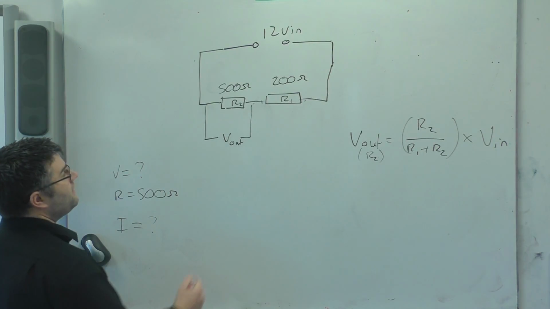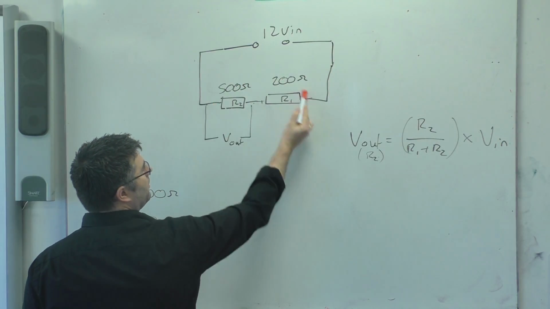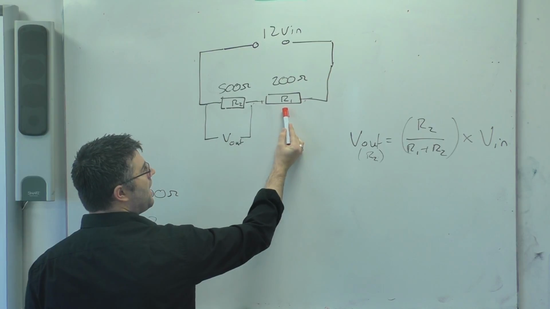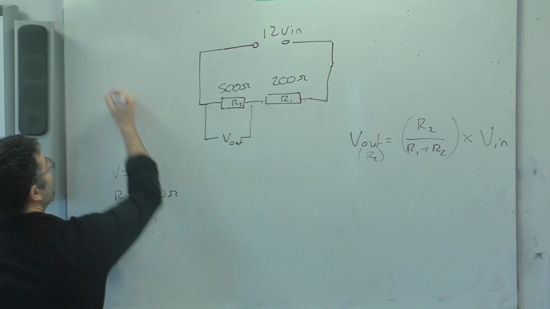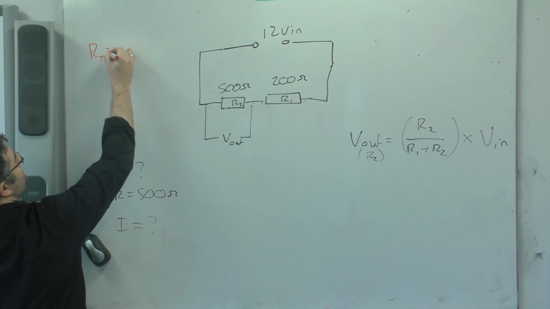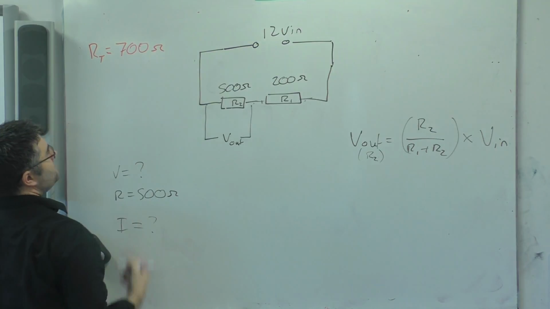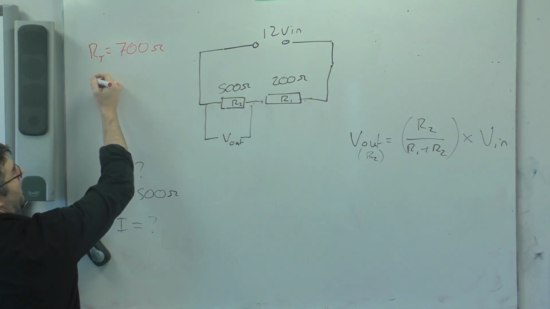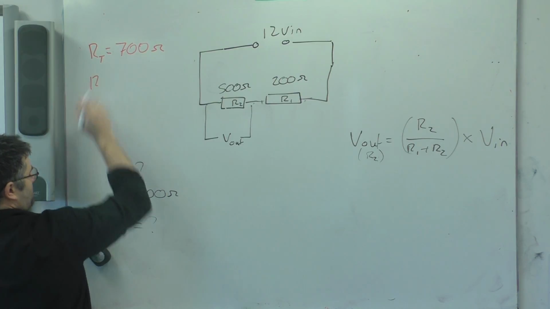Well, if I look at this here, I've got 500 plus 200. Look at that, they're in series. I know what the total resistance of this circuit is. So I know that the total resistance is 700 because of the resistances in series. I know that the total voltage, or the total EMF, is 12 volts.